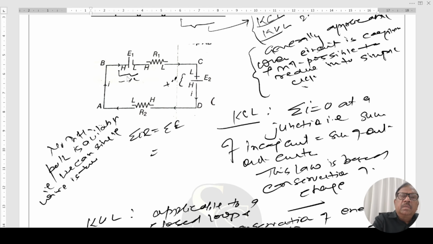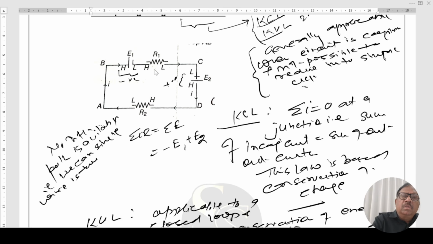That is, the sign convention: the leaving point of the terminal will be assigned the sign to EMF. Current is flowing in this case from higher to lower. Leaving is negative, so minus E1 plus E2. And summation IR, we are moving in the direction of current, from higher potential to lower potential.